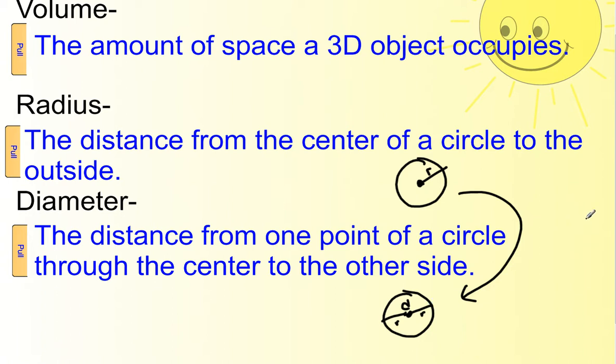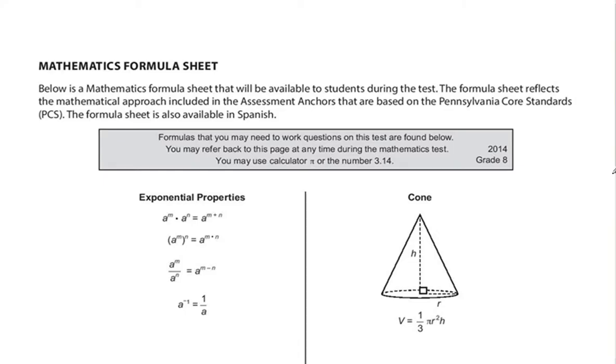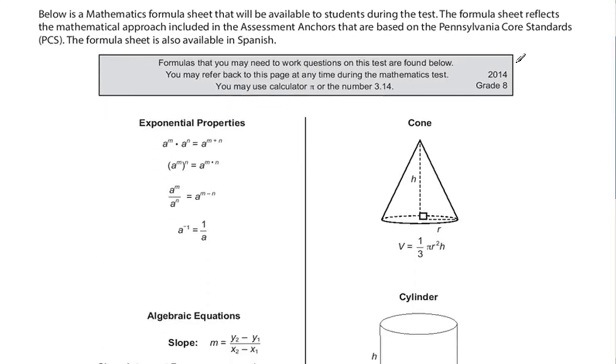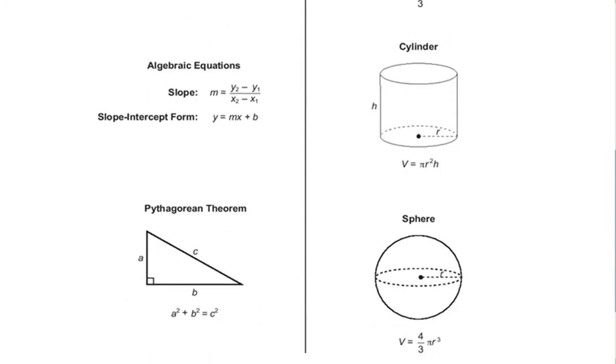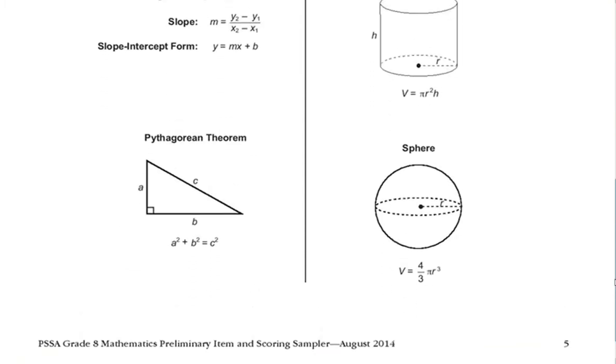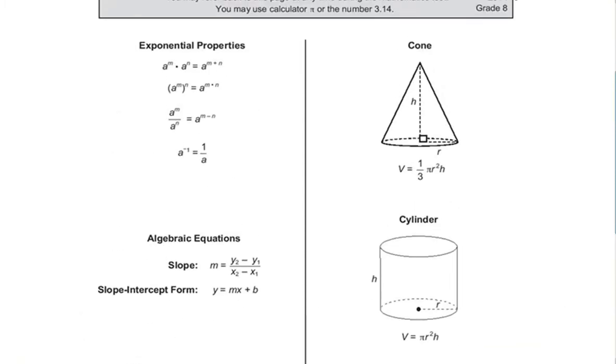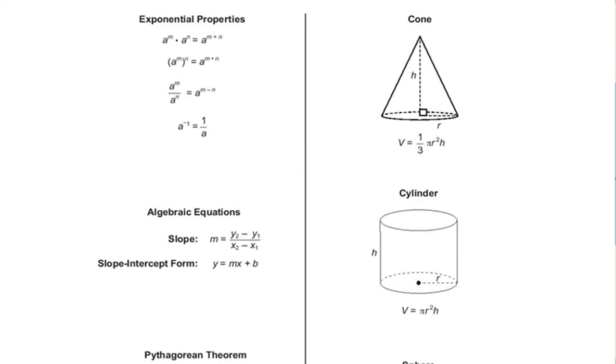Okay. In the notes packet, I included the 8th grade formula sheet. This is the newest version, the 2014 formula sheet. If you've never seen this before, it is quite different than the old formula sheet. The old formula sheet had perimeter and area of things like rectangles and triangles and rhombuses and all that kind of stuff, circles, circumference.